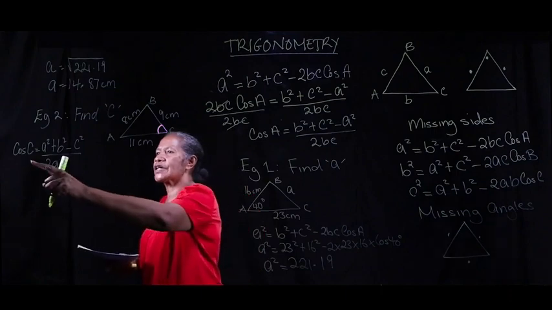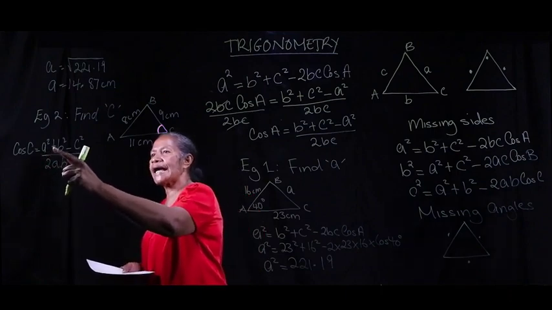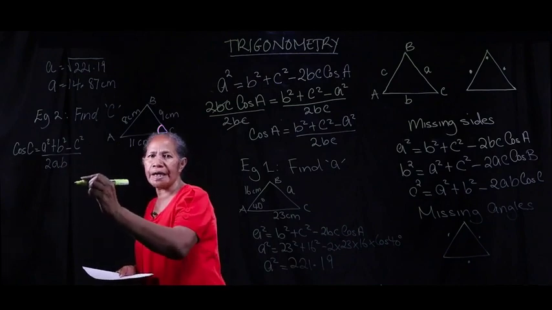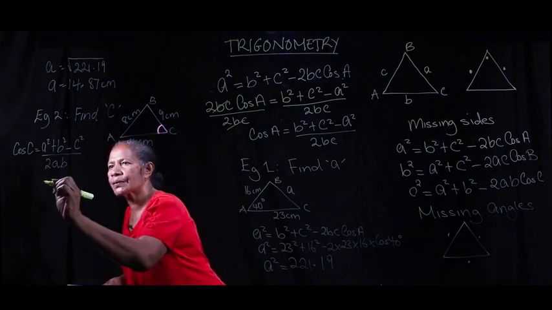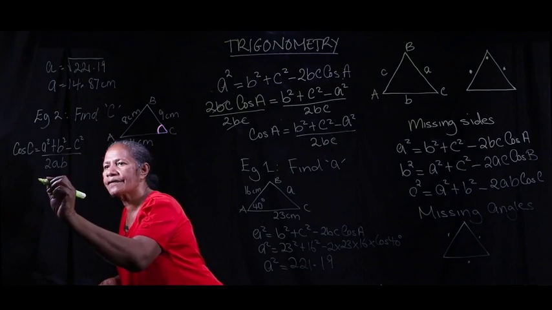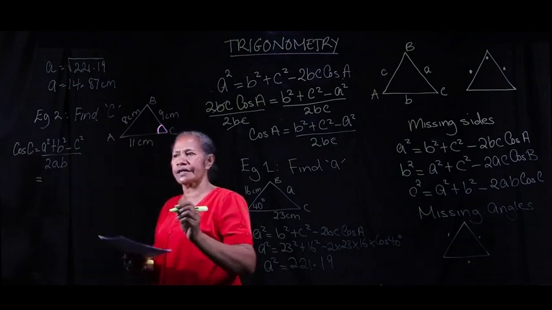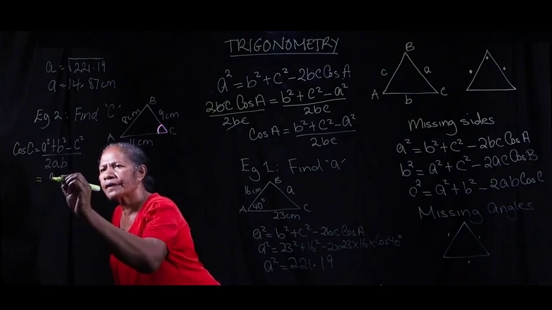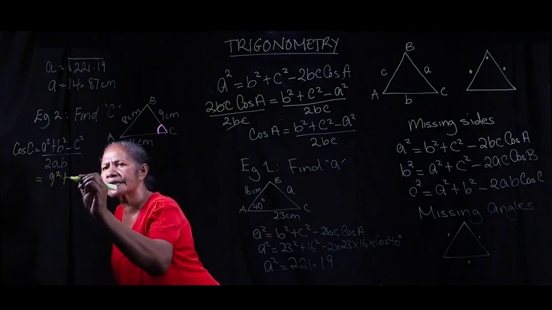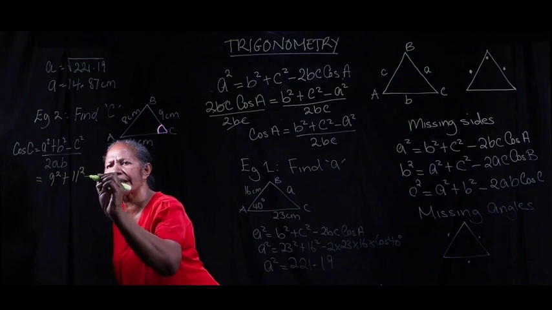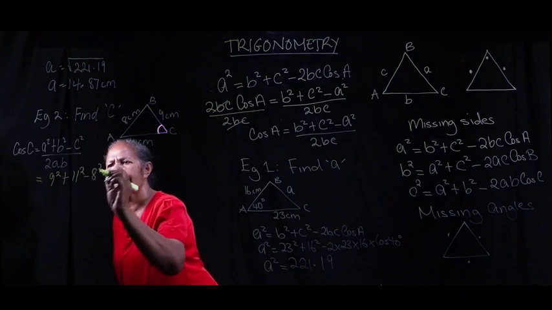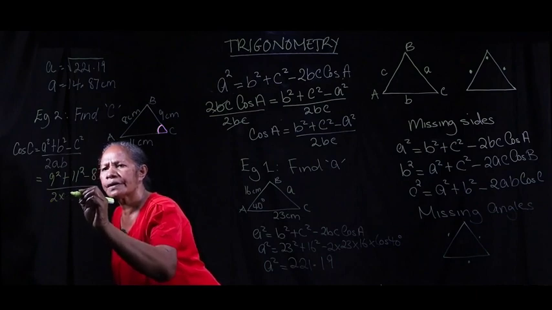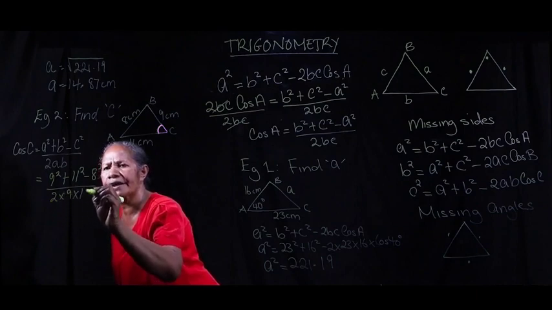To find cos C, the formula would be A squared plus B squared minus C squared over 2AB. So that's what we're going to do. Let's fill in the information. We have 9 squared plus 11 squared minus 8 squared over 2 times 9 times 11.